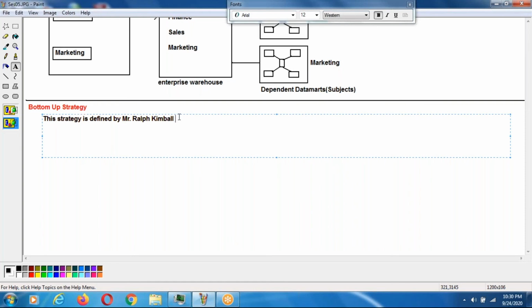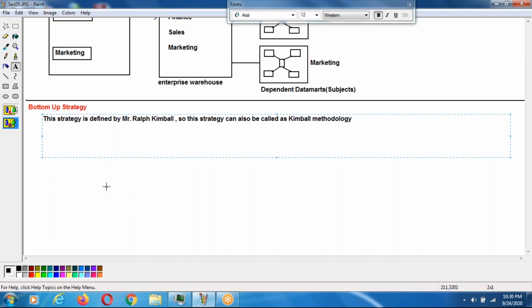This strategy is defined by this person, and there are many books by him in the market. Ralph Kimball. So this strategy can also be called the Kimball methodology.